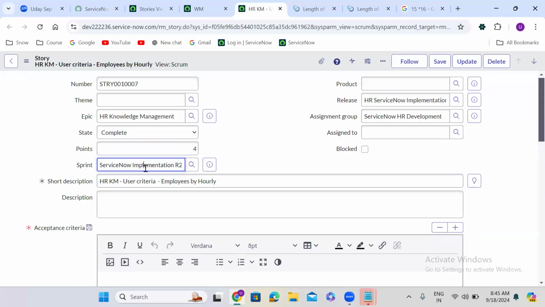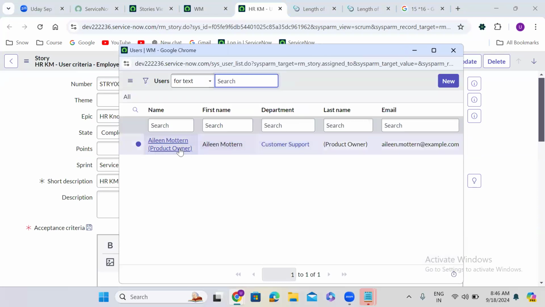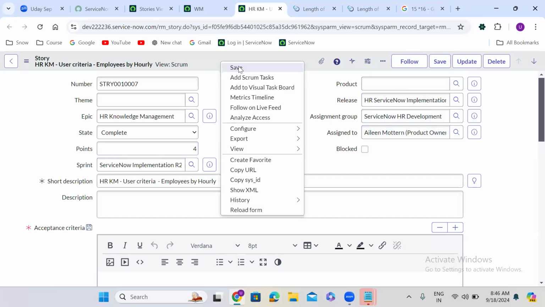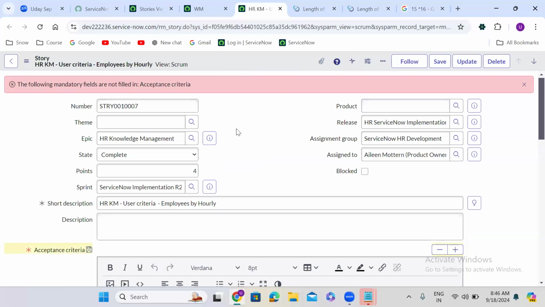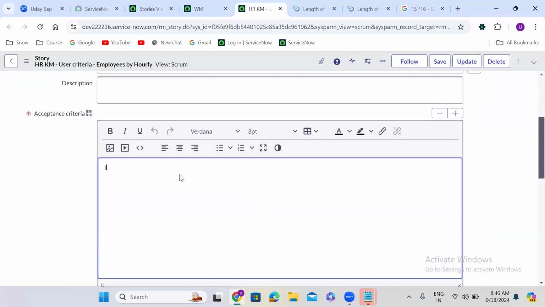Here, this is actually ServiceNow implementation R21. This requirement will be assigned to your name. As only this member is part of this group, I am assigning this requirement to Aline Motor.